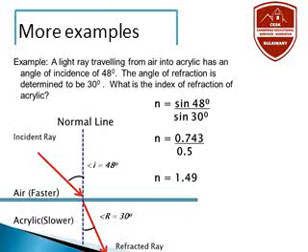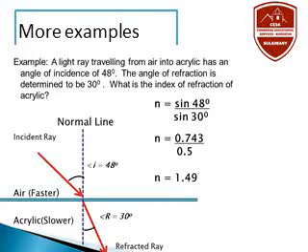Okay. Here are more examples. In this question, a light ray is traveling from air into acrylic. Here we have an angle of incidence of 48. Here theta I, or incident, or theta 1, you can say theta 1 is 48 degrees.